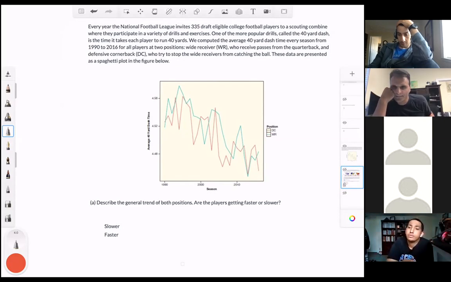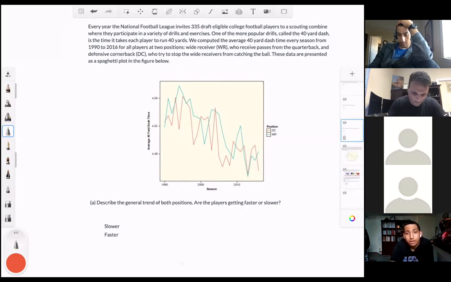Kendall, what do you think? Getting faster. Yeah. Faster because the time goes from fastest to slowest up top, and it looks like it's going down. So this is a time, correct? Yes. In 99, for example, was 4.52 seconds or 4.55 seconds.